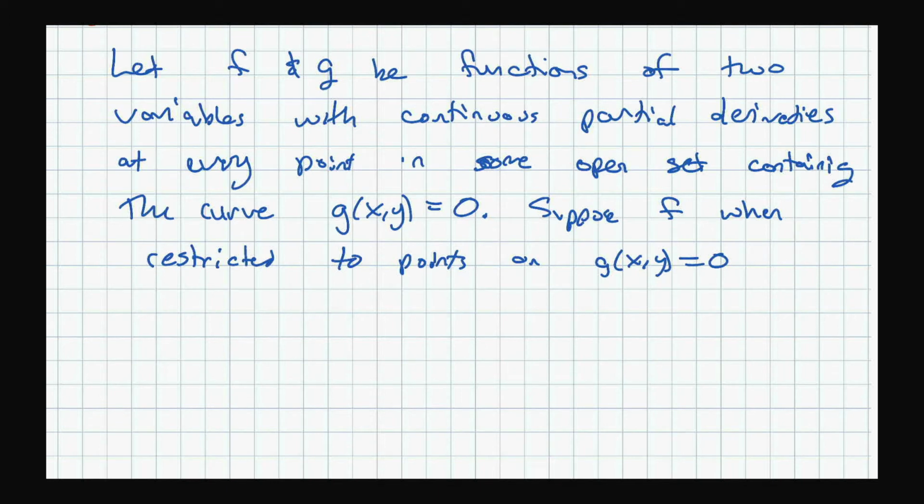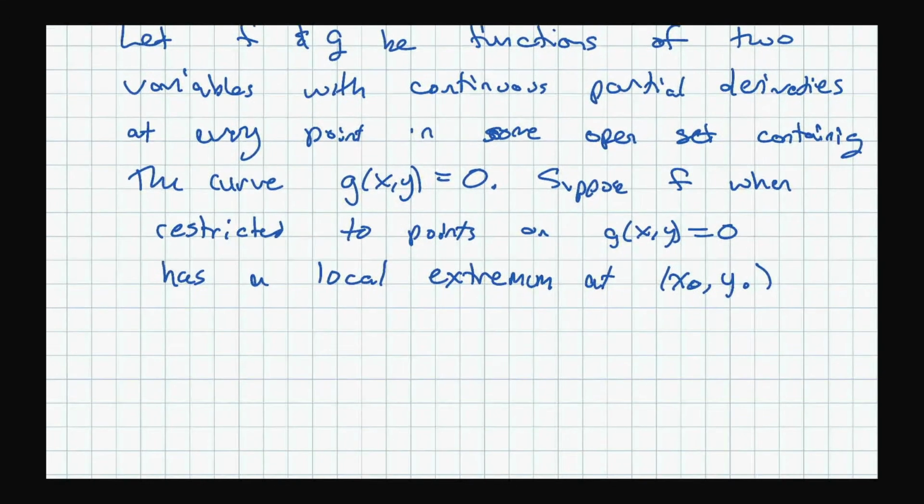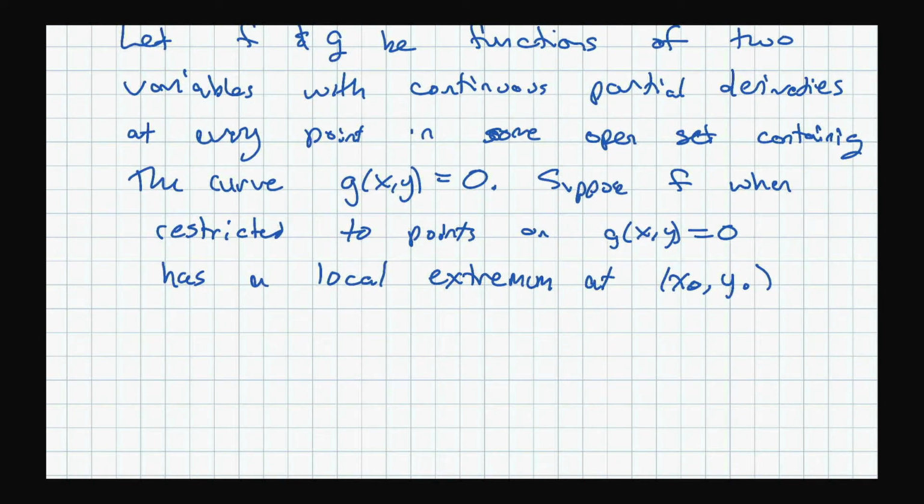So if you're restricting yourself to points that are satisfying the constraint, which of course we want to, has a local extremum, I should say, minimum or maximum, at the point x0, y0. Wait, hold on. Suppose f, when restricted to points on g of x, y equals 0, has a local extremum at the point.